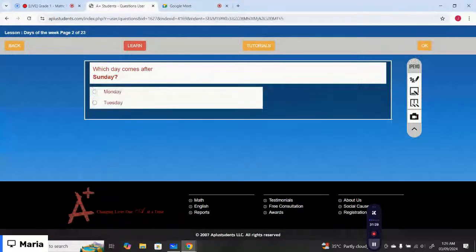The next one is which day comes after Sunday? Which is the correct option after Sunday? The correct option is after Sunday, it is Monday. Option number one is the correct option.